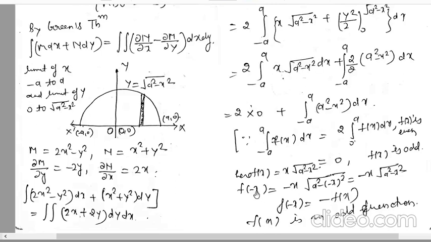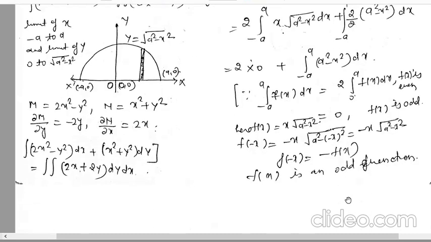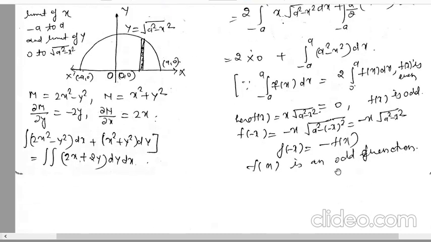You can check whether this function is odd or even: replace x by minus x, so f(minus x) is equal to minus x times square root of a square minus minus x whole square, so f(minus x) is equal to minus f(x). Now f(x) is an odd function. The definition of an odd function is, if f(minus x) is equal to minus f(x), then the function is odd, and if f(minus x) is equal to f(x), that means an even function, right?